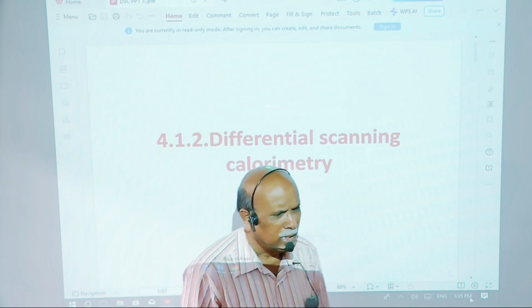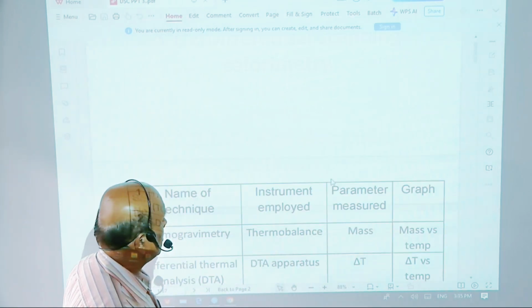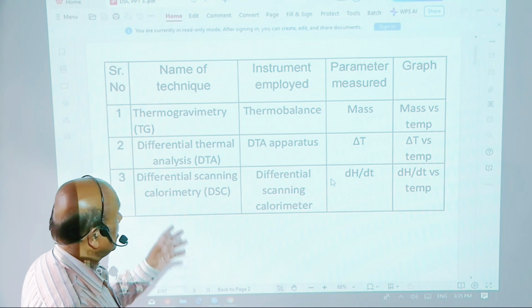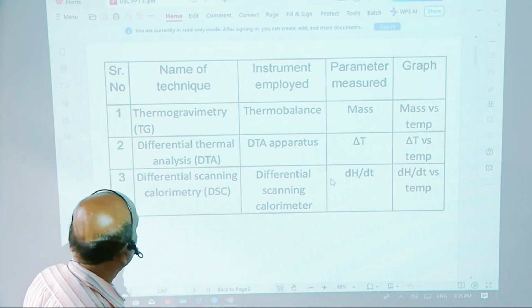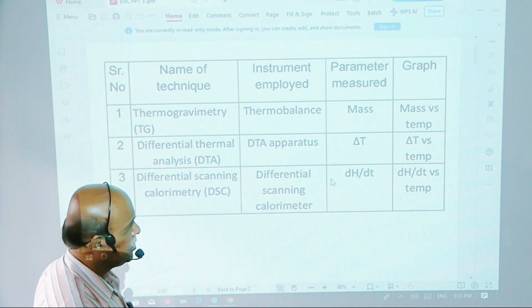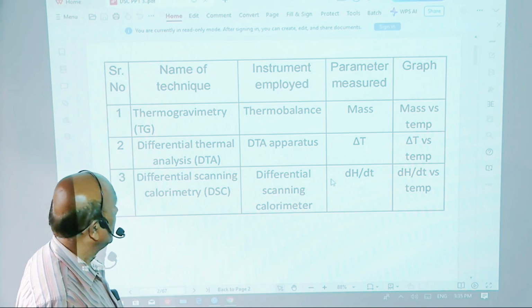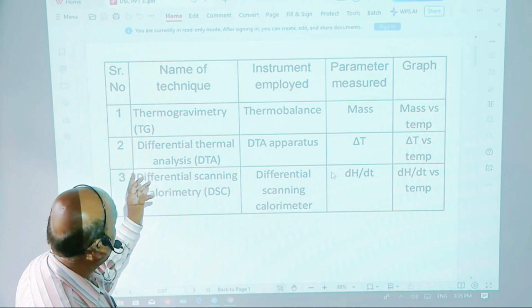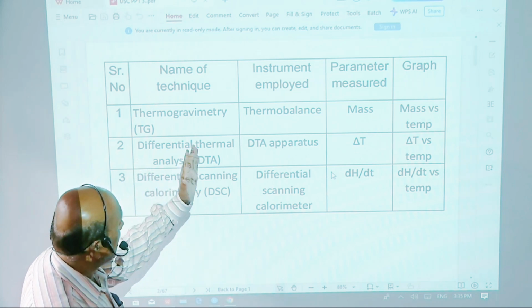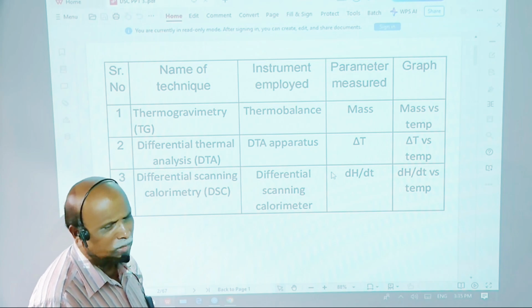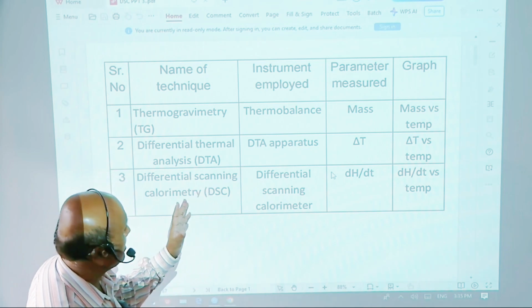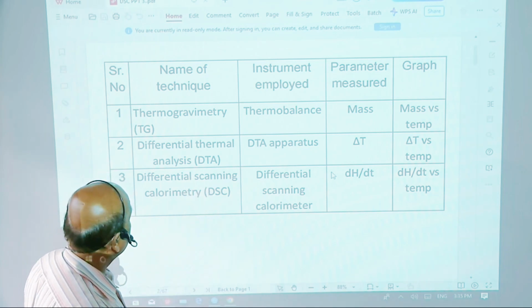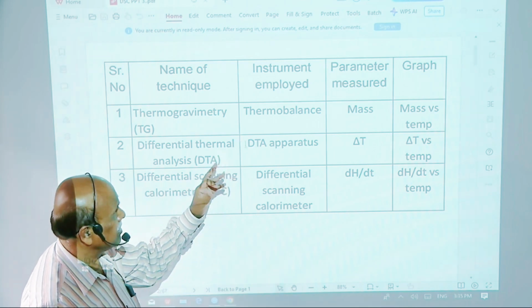So, in this topic, there are new techniques. There are three types of thermal analysis: TGA, DTA, and DSC. In DSC and TGA, they can be differentiated depending on their parameters, meaning they check different parameters. In TG, there is a thermobalance.